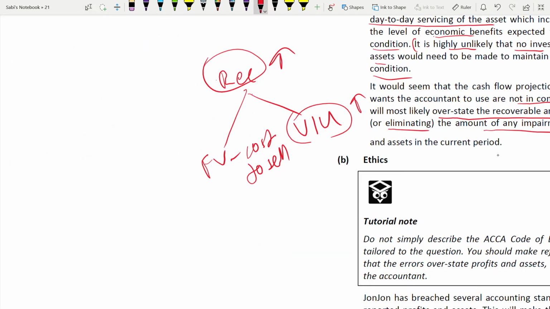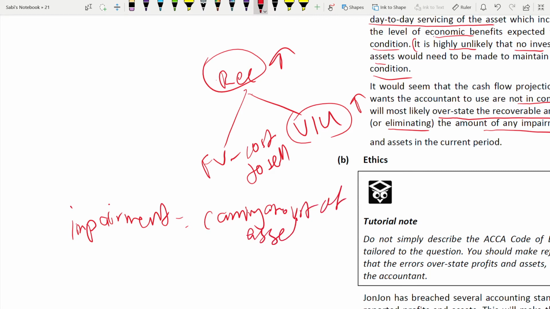Because what is the formula for impairment? If you're not getting this right away, make sure that you write it somewhere. The formula: impairment is carrying amount of the asset minus recoverable amount, isn't it? If your carrying amount is higher than recoverable amount only, you will have impairment.